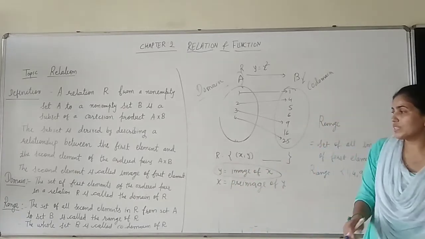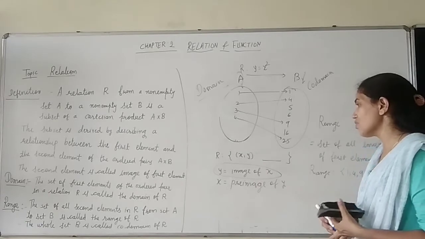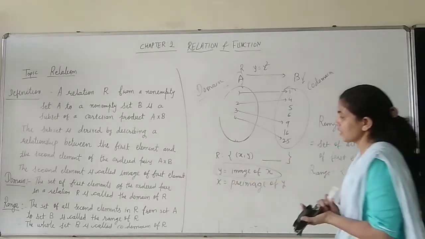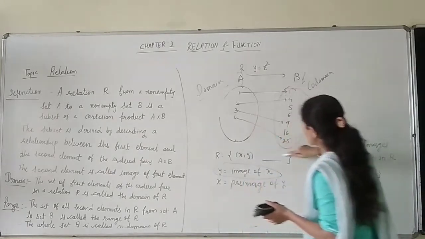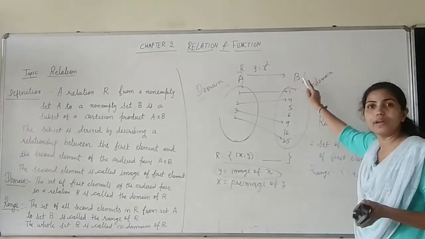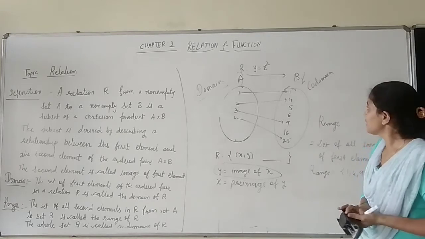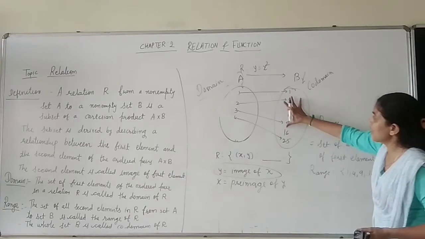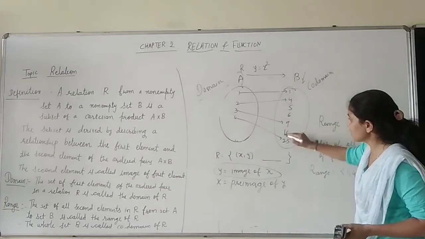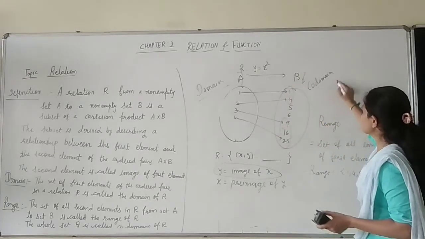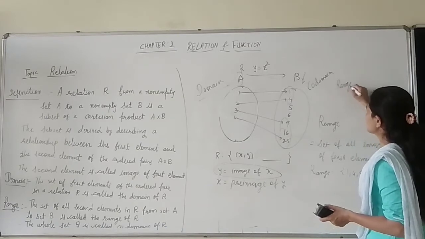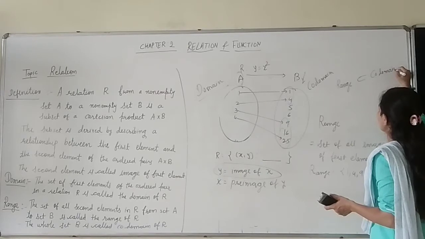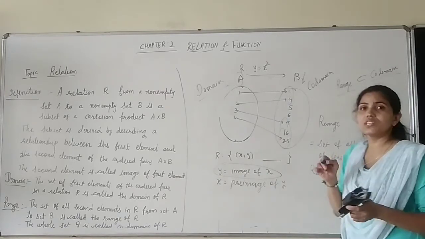So the set of all the second elements in R from set A to set B is called the range of R. And the whole set B is called the codomain of relation R. And you can see, students, this bigger set is the codomain and the range has limited elements. So always remember, range is always a subset of the codomain.